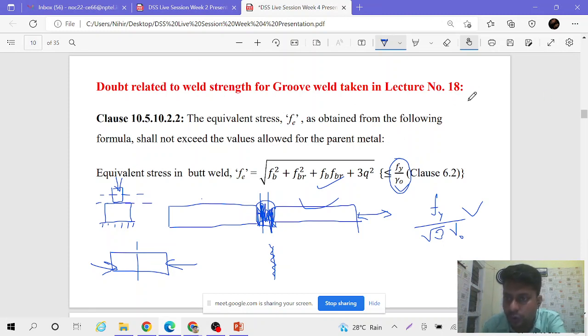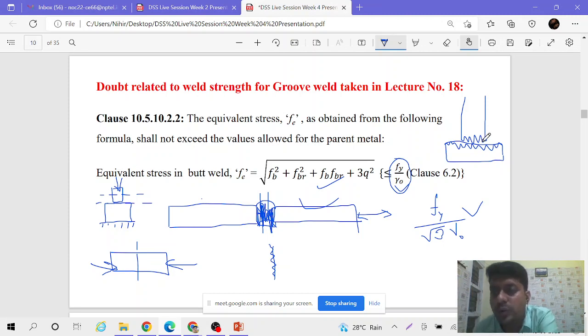let me explain through one more figure. Let us see, these are two surfaces. Okay, these are two different surfaces.